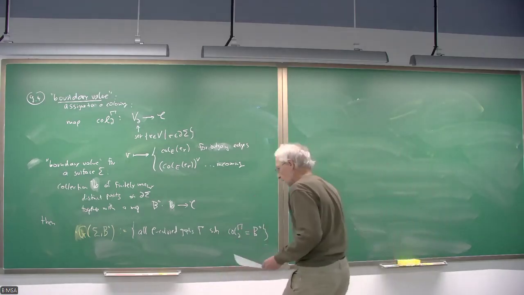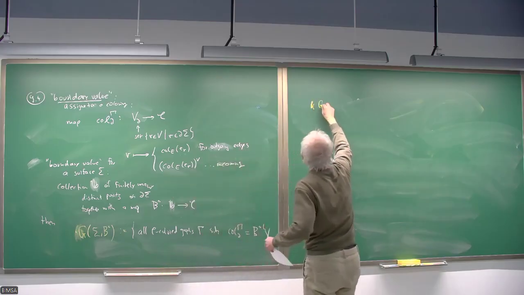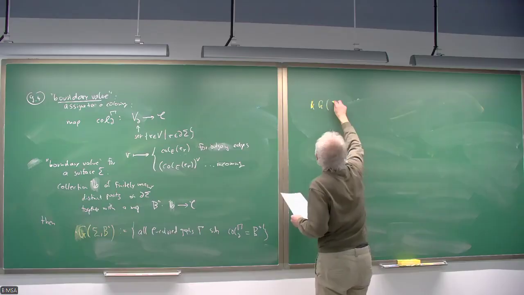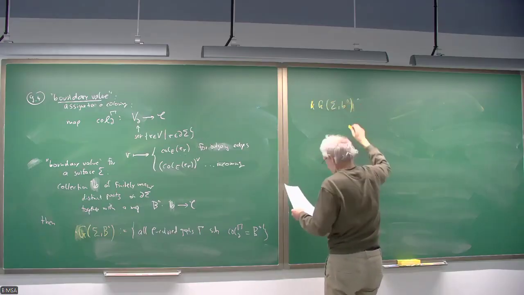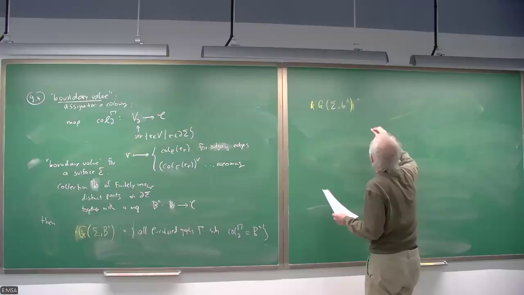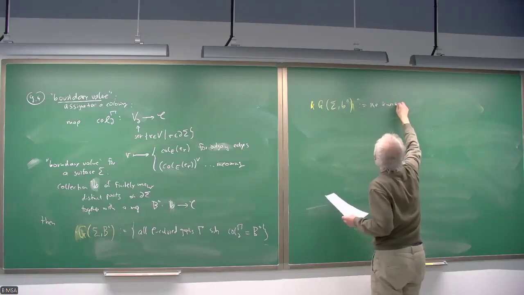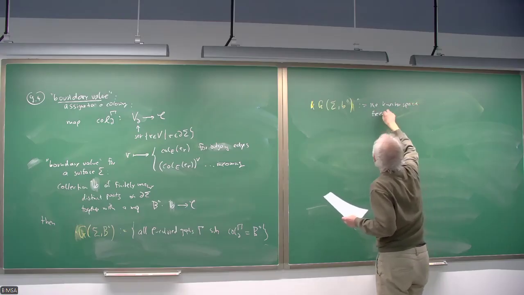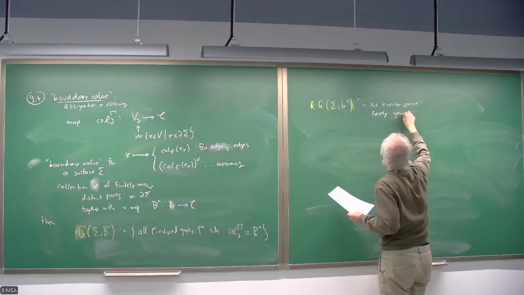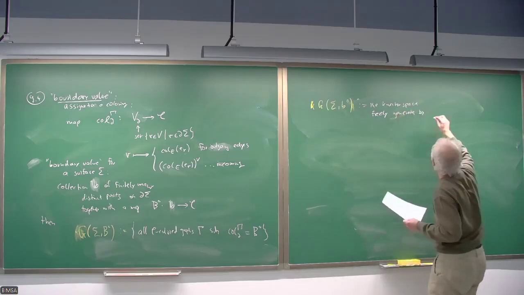This is denoted by K, the underlying field, G of sigma B0. And this is the K vector space really generated by this set.